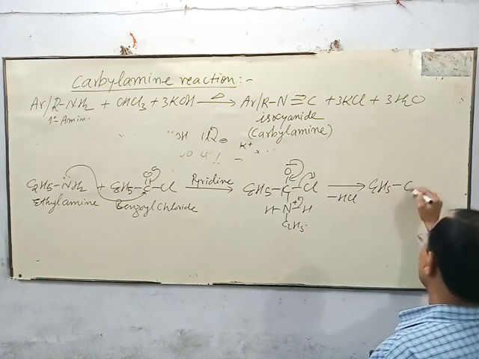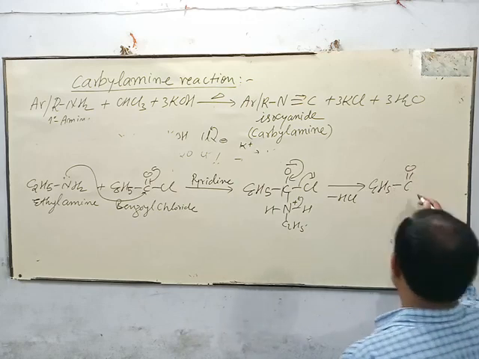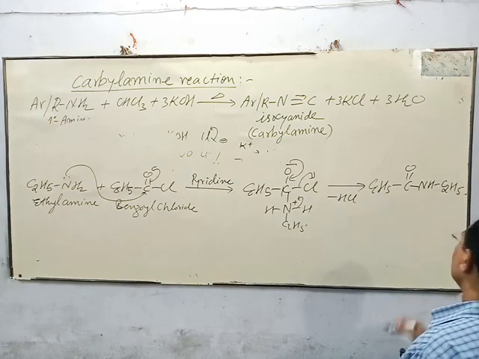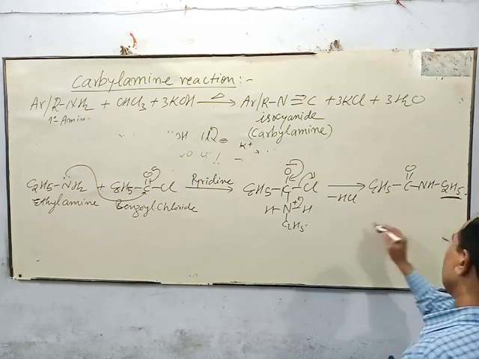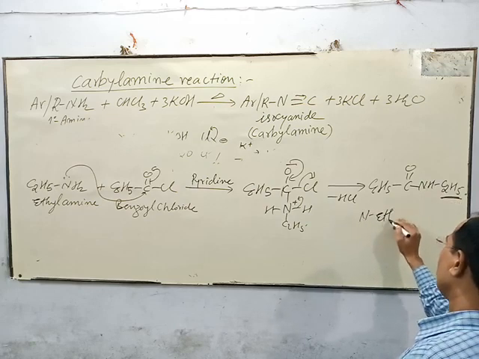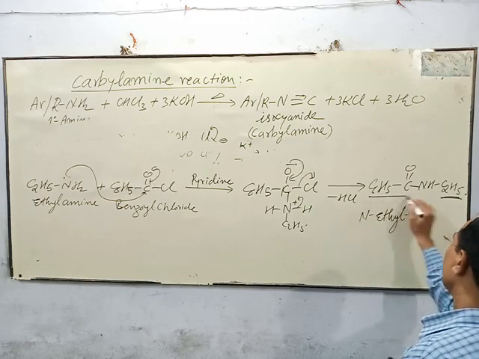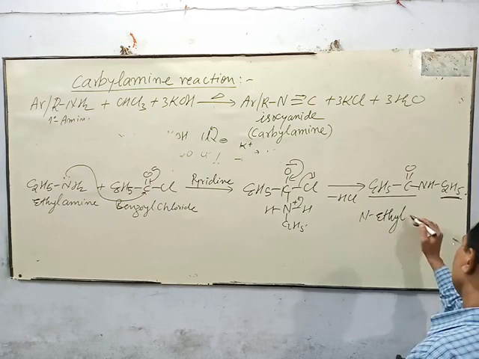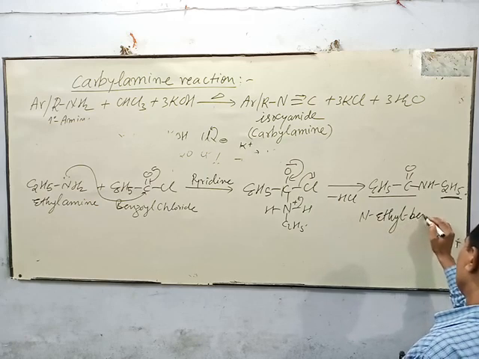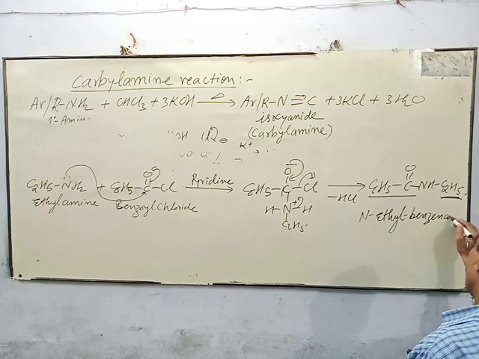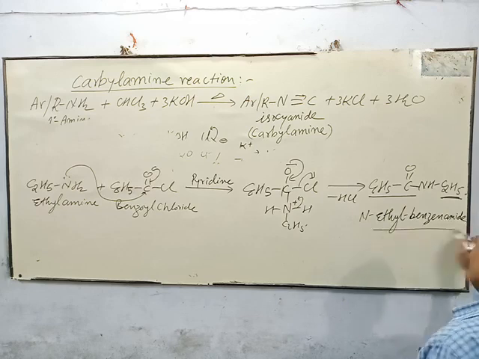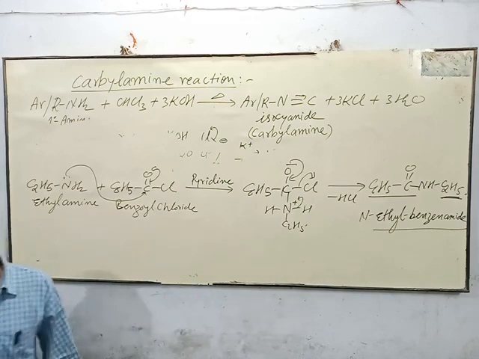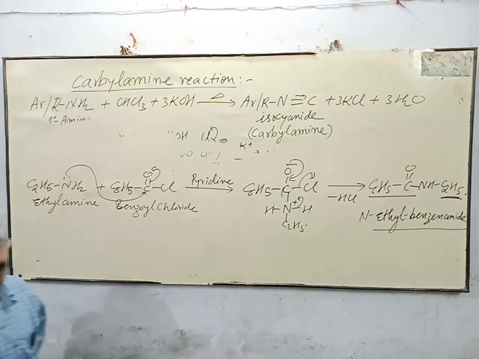The product is C6H5C double bond O NH C2H5. This is N-ethylbenzamide. In the case of aliphatic or aromatic primary amines, amides are obtained.